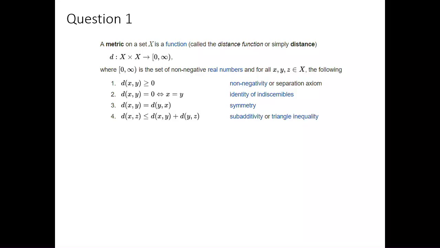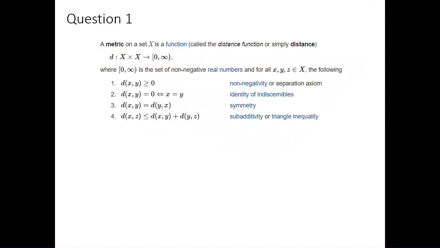Distance is usually between 0 and infinity. You don't get negative distances, so it should be non-negative. And if the distance is 0, then x equals y. It needs to be symmetric: my distance to you is your distance to me. And then the triangle inequality: d(x,z) is less than or equal to d(x,y) plus d(y,z), right? Good.